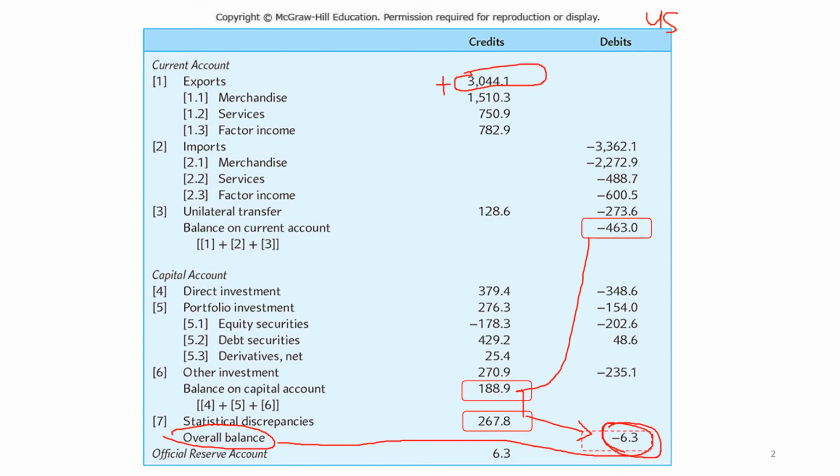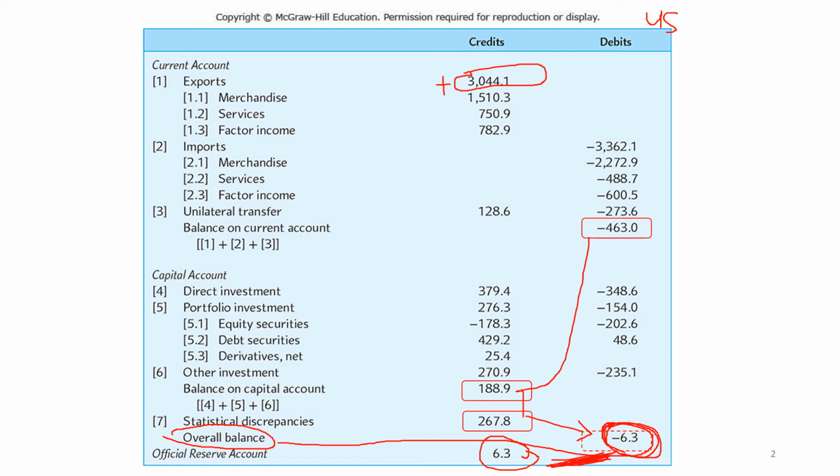So what does this number mean? This number tells the central bank how much the balance of payments is currently at. And to make the balance of payments balance, the central bank has to step in to meet the discrepancy in the overall balance, right?